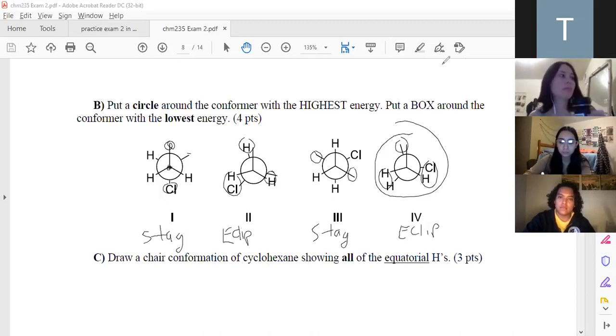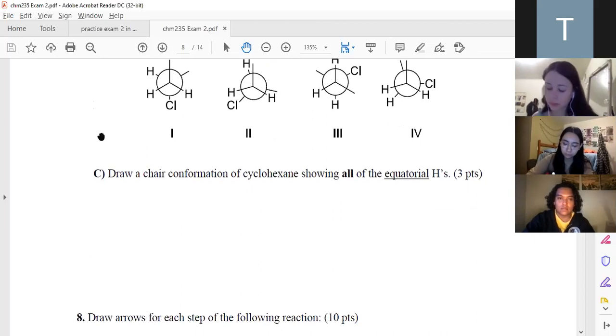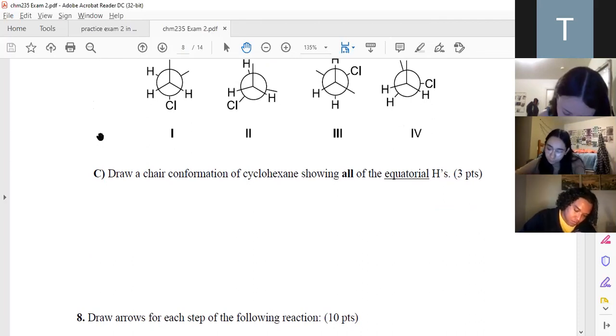All right. Now it says draw a chair conformation of cyclohexane showing all of the equatorial hydrogens. So I am just going to move down and I want you guys to do that. Draw a cyclohexane. I'll draw both conformations of the same thing. I need to grab my phone because I have a message that I need to check. So go ahead and do that. I'll give you guys a minute or two and we'll come back and do it together.